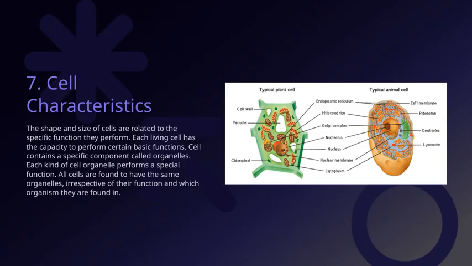This commonality highlights a fundamental aspect of biology. Despite the incredible diversity of life, there are shared cellular features that form the foundation of all living organisms. Connecting this to the overall theme, understanding these cell characteristics helps us appreciate how form and function are so intricately linked at the cellular level.